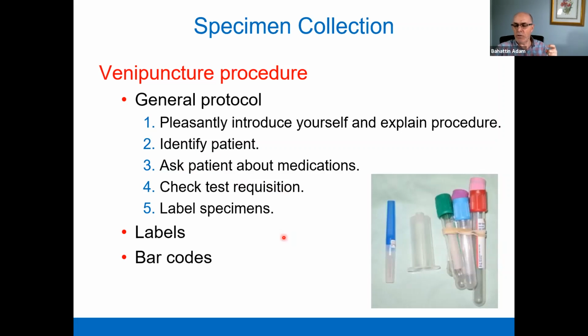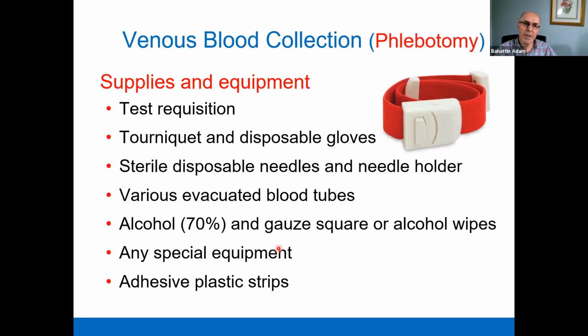Check the test requisition in order to use the proper test tubes. If you don't check the test requisition, you won't be able to collect the blood into the proper test tubes. And labeling the specimen is the last step for venipuncture.